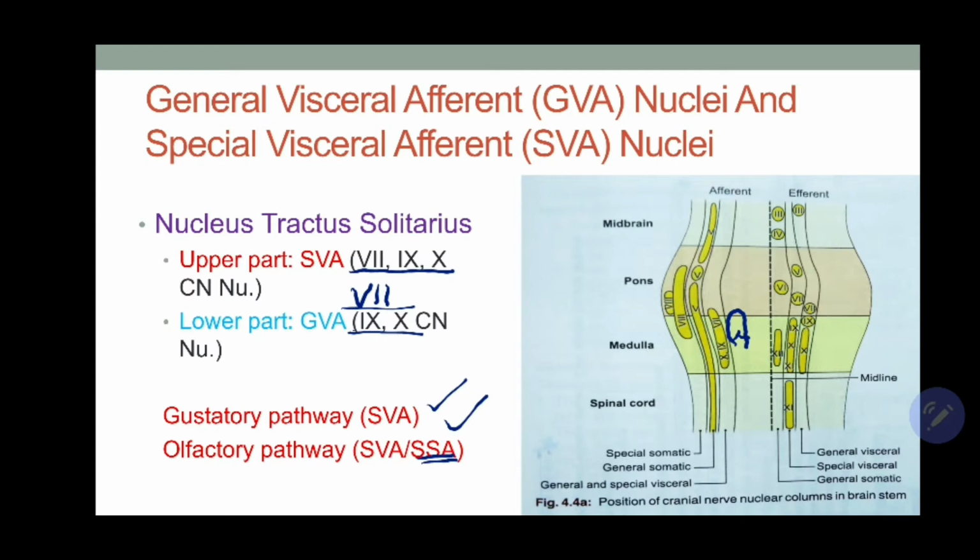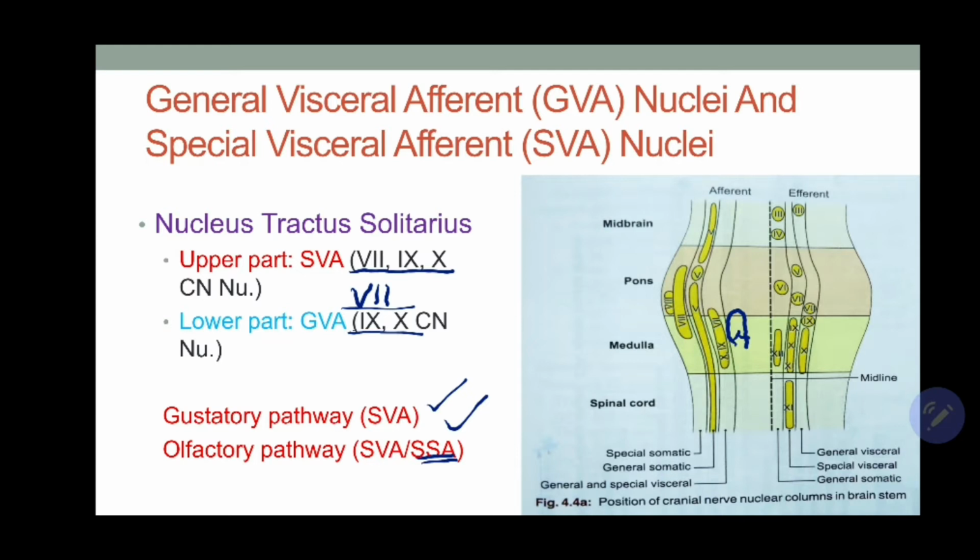And these functional columns have been designed for the nuclear arrangement of the cranial nerves, that is 3 to 12, within the brainstem. But the first and second arise from the telencephalon, so they don't have a nucleus here, but the functionality of the optic nerve and olfactory nerve has to be categorized.